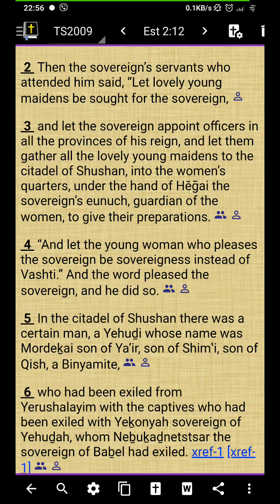But since I now found that the Jewish calendar also was most likely created by people who were greatly influenced by Babylon religions, Babylon mysteries, I don't want to follow it.